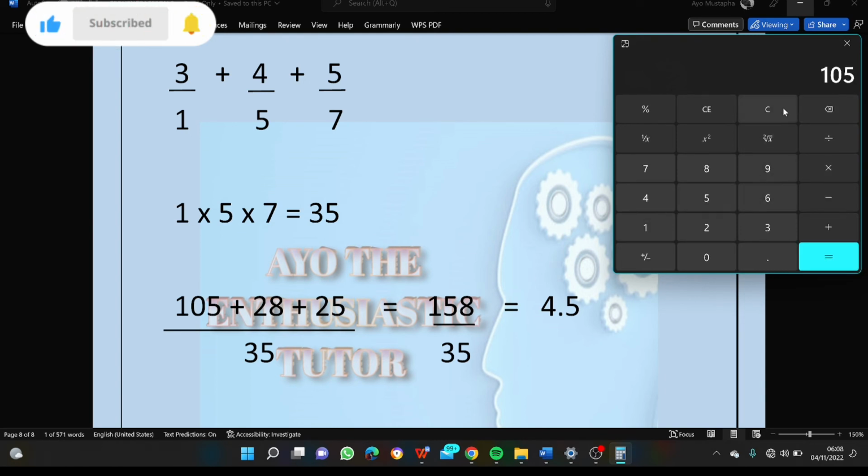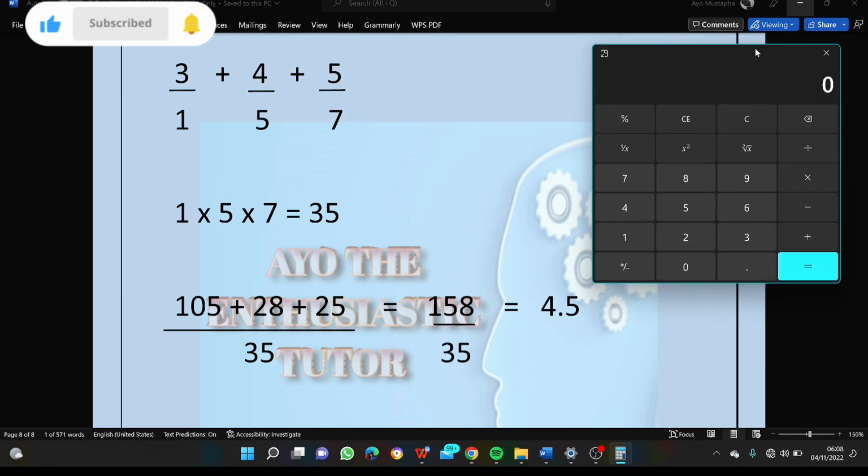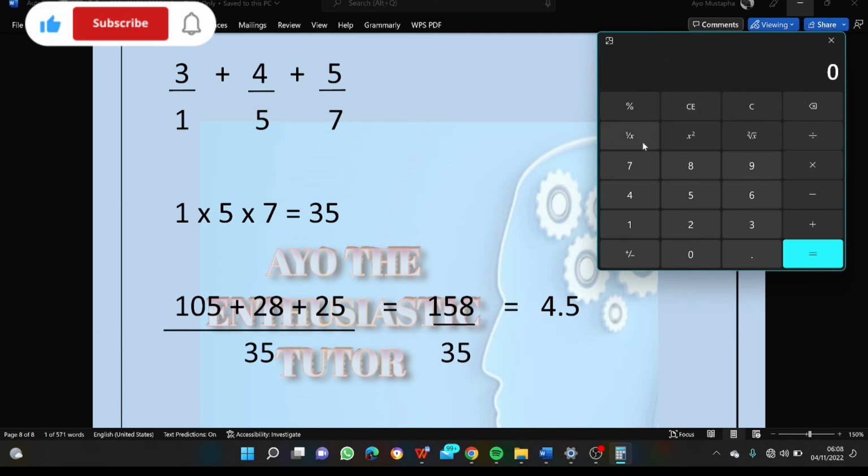So how do we arrive at our 28? I hear somebody asked, how do we arrive at our 28? So we then say 35 divided by 5, I beg your pardon, equals this 7. So we then multiply 7 by 4.